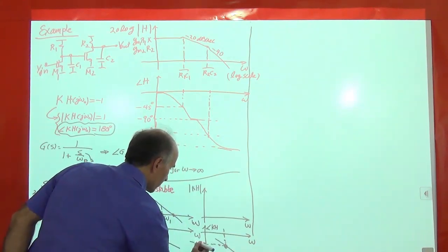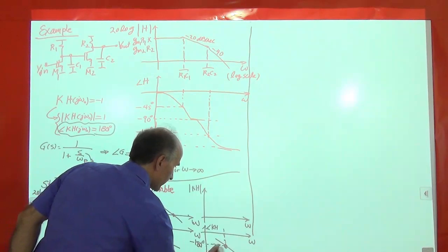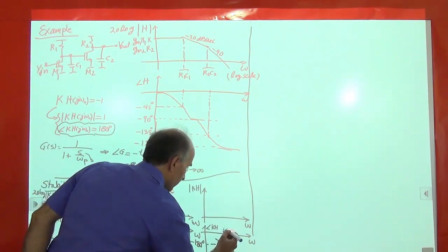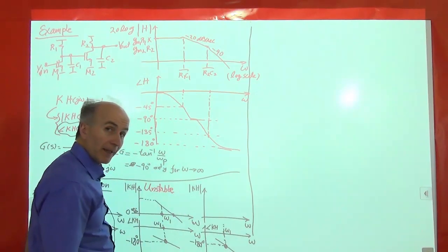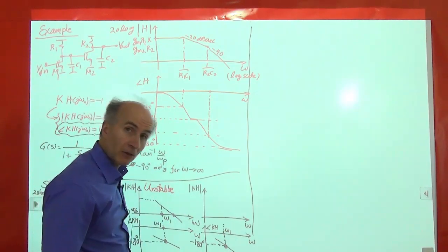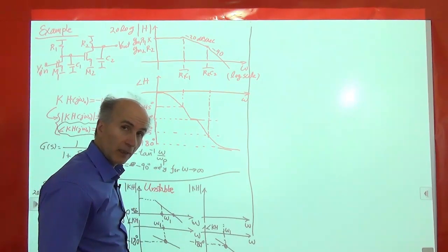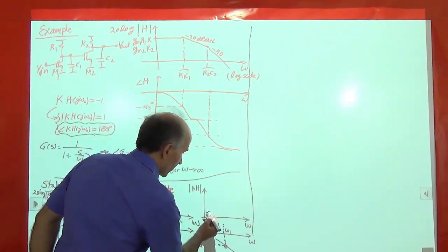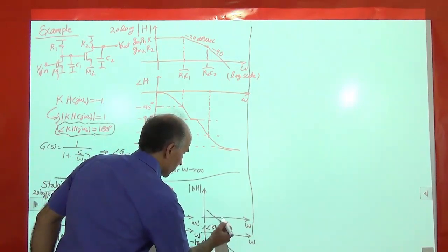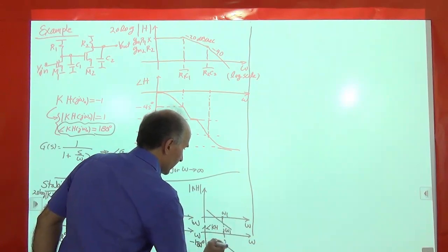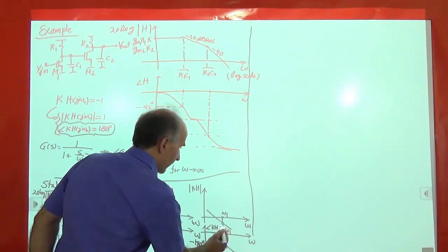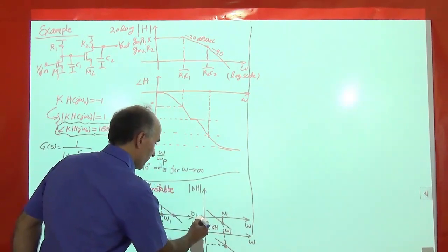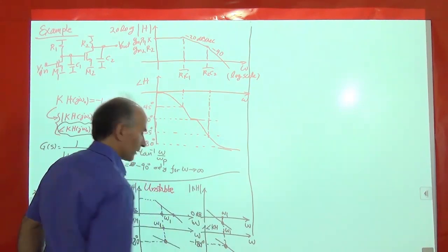And we call this omega 1. Okay? But at that frequency, the magnitude is less than 0 dB, less than 1. So it's something like this. So this is omega 1. At this frequency, the magnitude is less than 0 dB. This is the 0 dB level.